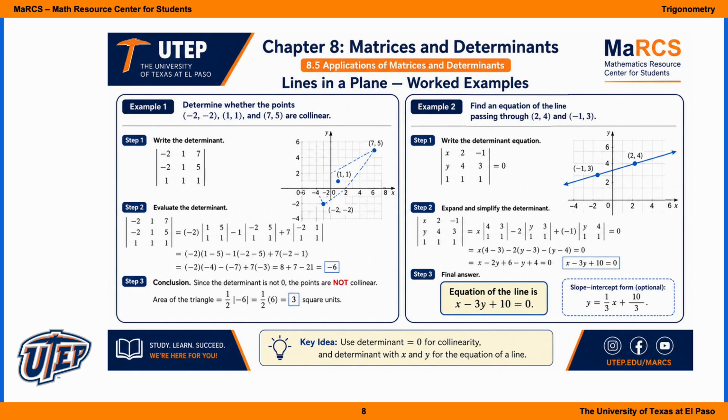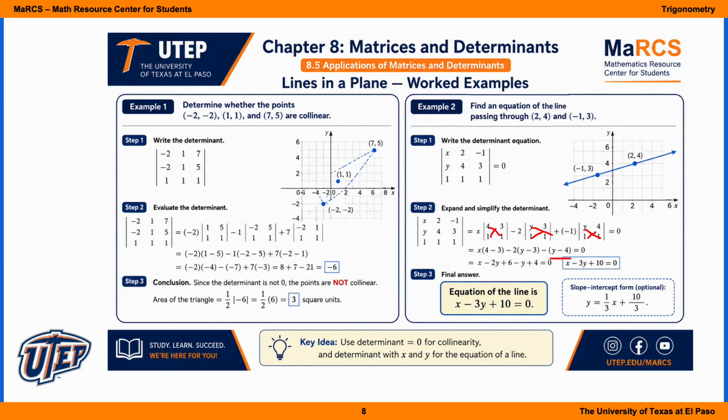So for the first one, 4 times 1 minus 3 times 1, so 4 minus 3 will give us 1. For the second one, y times 1 minus 1 times 3, so y minus 3. And then for the last one, it'll be y times 1 minus 1 times 4, so that'll give us y minus 4.